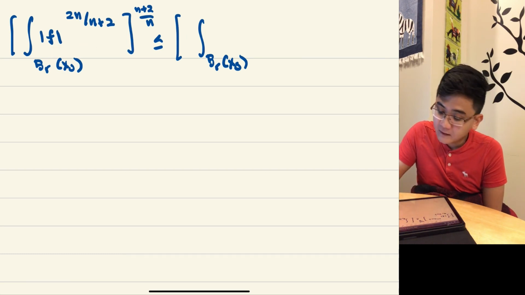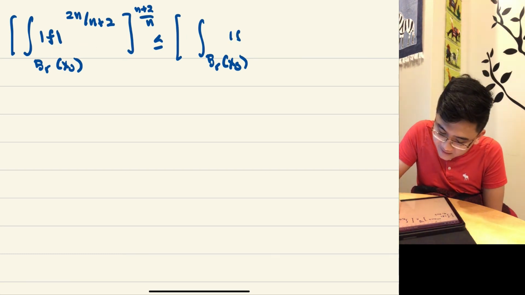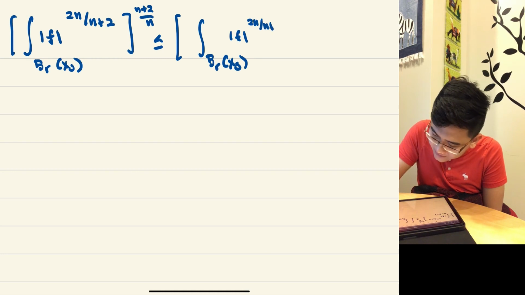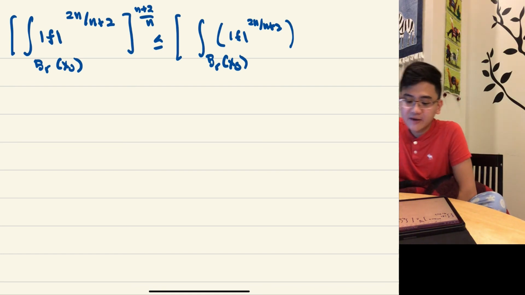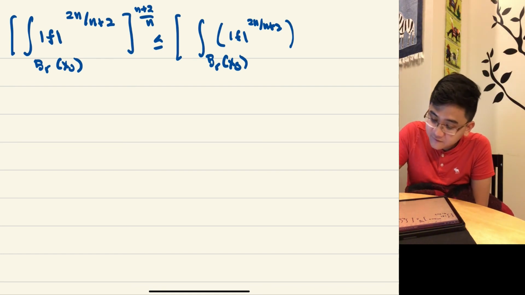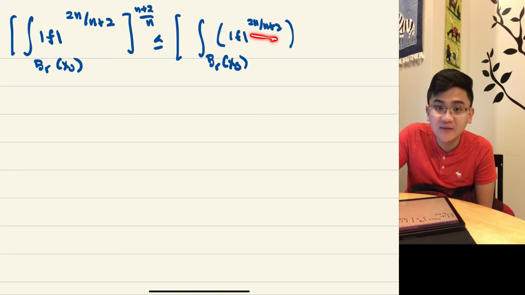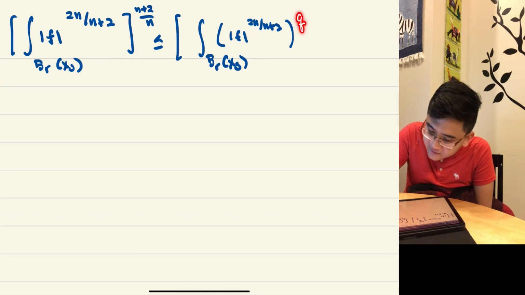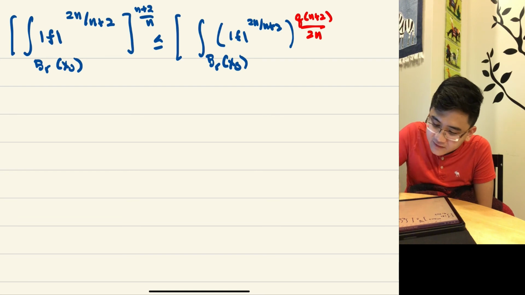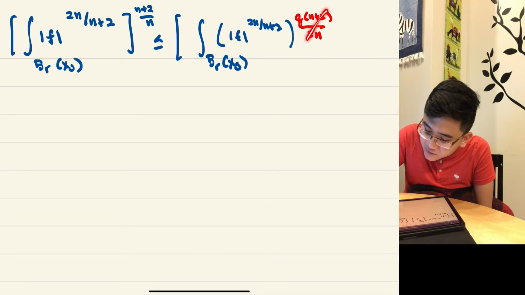Okay, so I have this function. So it's very straightforward. I need to raise this to a power that would give me q. So first I just need to cancel out this and then multiply that by q. So the power that I'm looking at is q times (m plus 2) over 2n, so that this would cancel out with that.